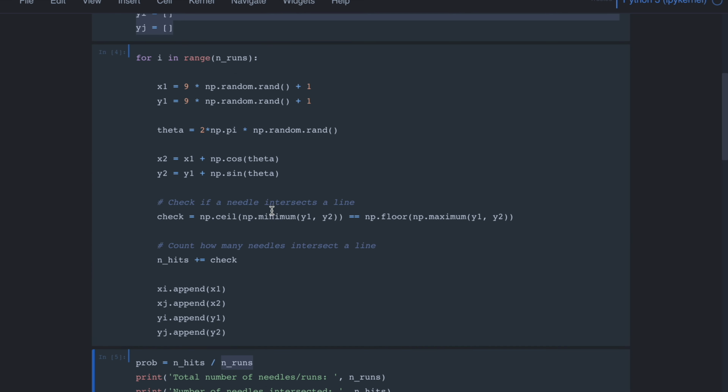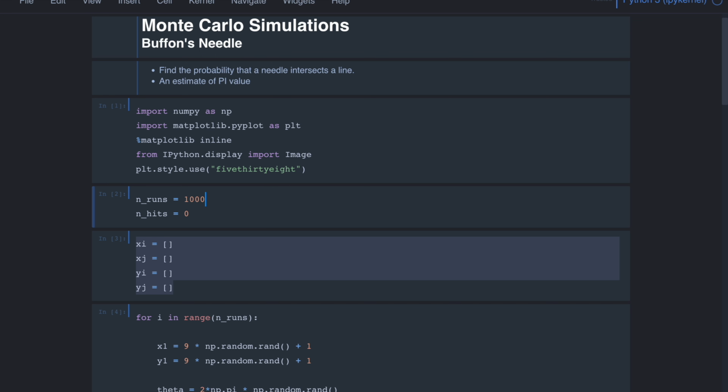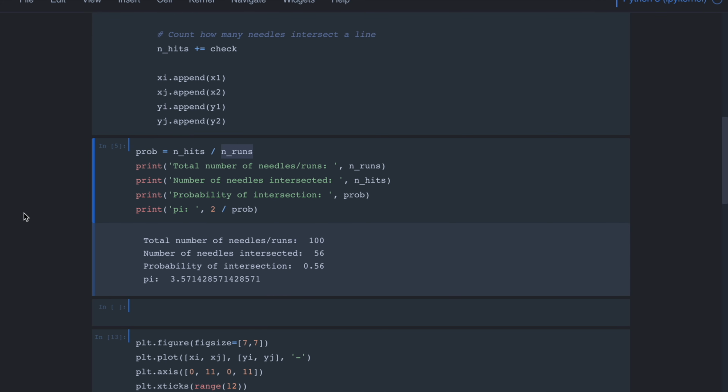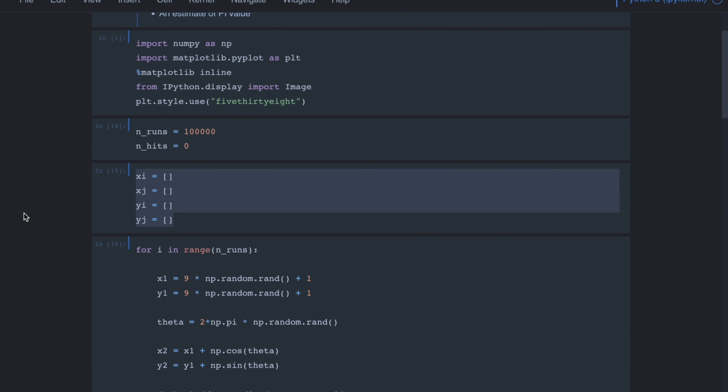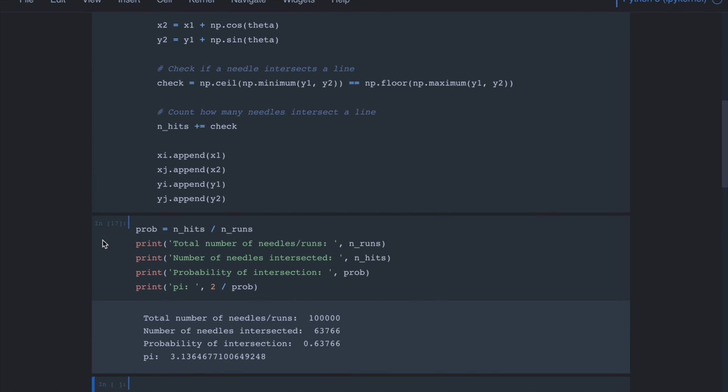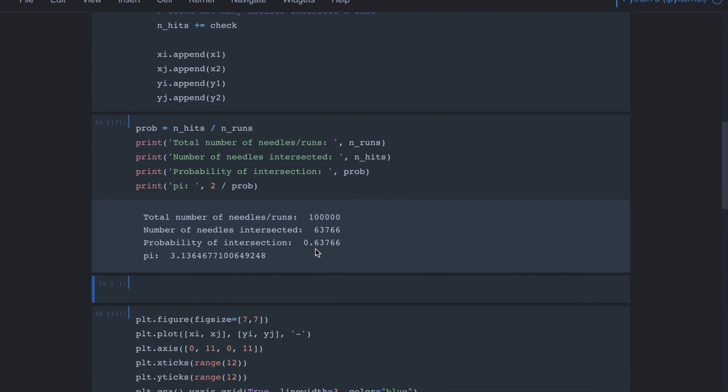But let's do one thing. Let's increase the number of needles and recompute the probability. Okay, let's rerun this. As you can see, this time this is the probability of intersection, and the pi value is also very close.